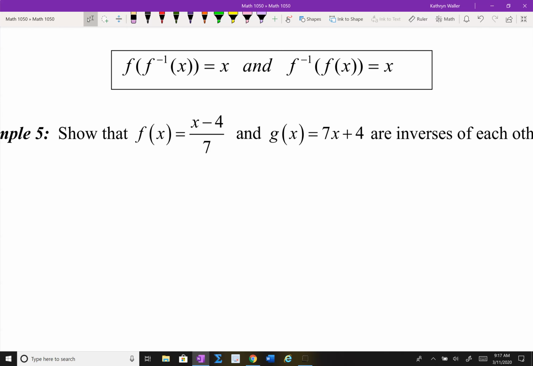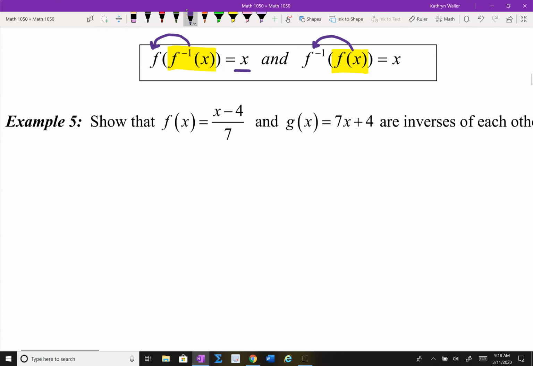Okay, here's something that's important right here. If 2 things are inverses, remember the last lesson, composition of functions, where we took g of x and plugged it into f of x and vice versa? So if 2 things are inverses, look, you guys, if you take the inverse and you plug it in wherever you see an x into f of x, you get an x. And the reverse is true. If you take the original, you plug it in for x into the inverse, you will also get an x.